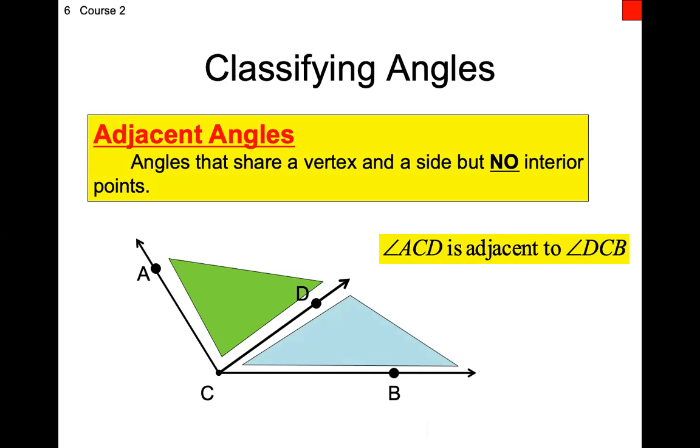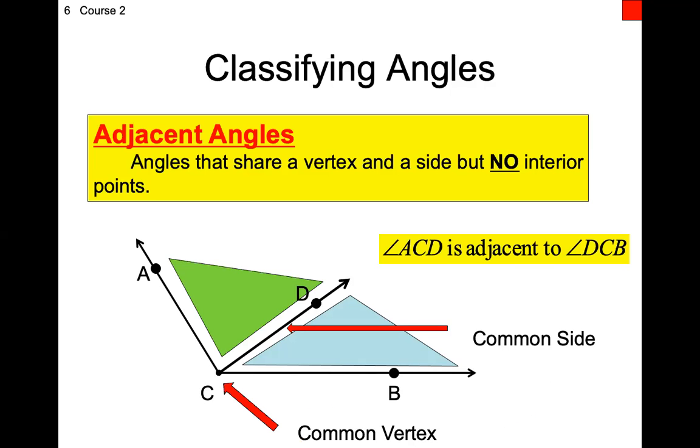There's actually more because we have what's called the reflex angle, which is this one. And then you got from here to here, and you got from here to here. So there's lots of them. But that general description right there, 2 angles next to each other, that means they share C, right? And they share that common side. Those are adjacent.